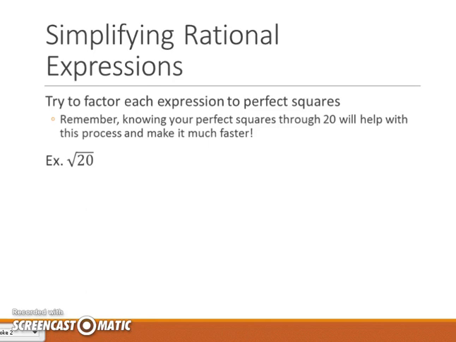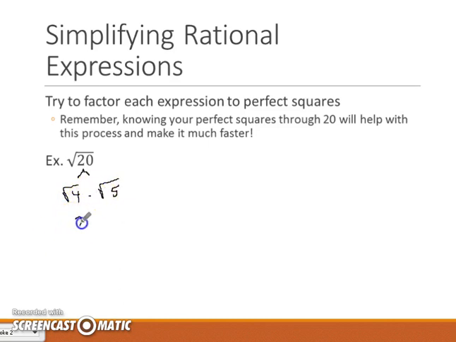So if you think of the square root of 20, if I break that apart into two separate factors, thinking of factor trees, this could be the square root of 4 times the square root of 5. And the square root of 4 is a perfect square. I'm able to evaluate that easily.